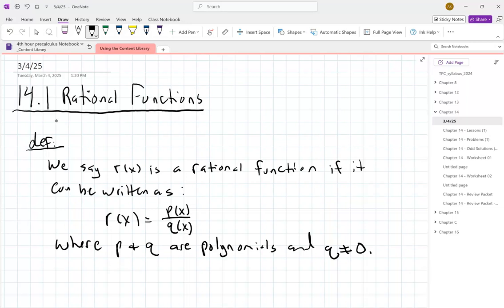We say that r of x is a rational function if it can be written as some p of x over q of x, where p and q are polynomials and q is non-zero.